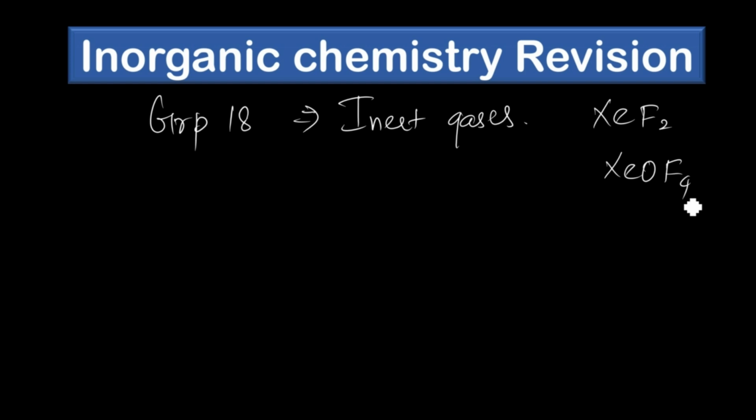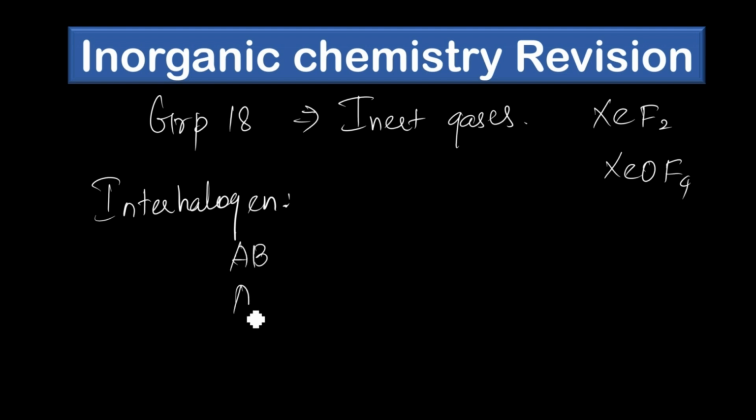Okay, so one more thing I want to discuss in the P block is interhalogen compounds. Interhalogen compounds come in a few types: AB type, AB2 type, AB3 type, AB5 type, and AB7 type. The question asked was about the only compound which exhibits AB7 type, that is IF7.